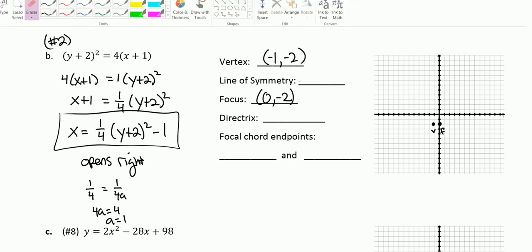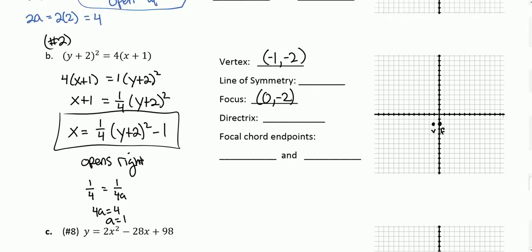The directrix is located on the opposite side of the vertex, same distance away, so it's this vertical line, x equals -2. The focal chord endpoints line up with the focus and are a distance of 2a from the focus, which in this case is 2 times 1, or 2.